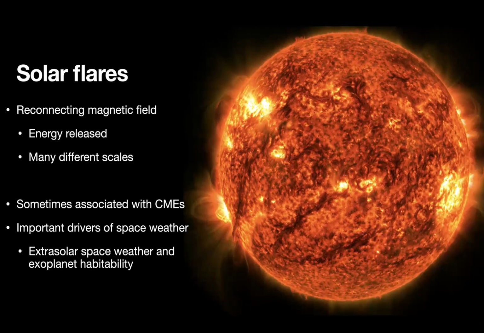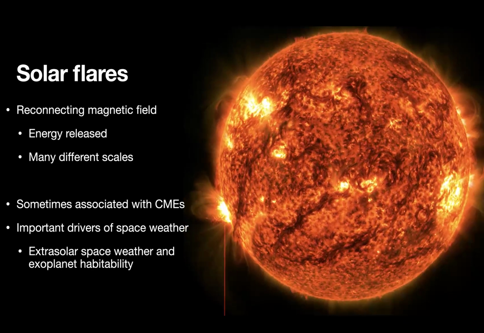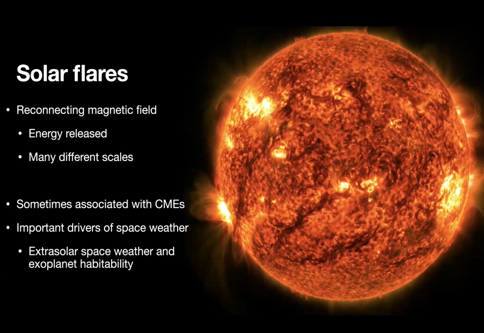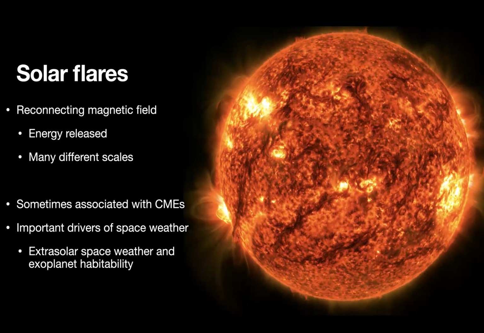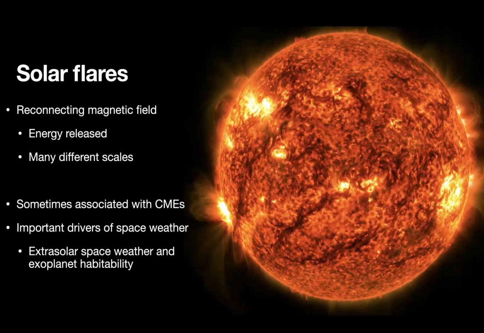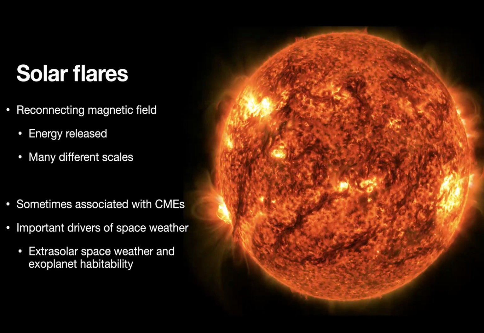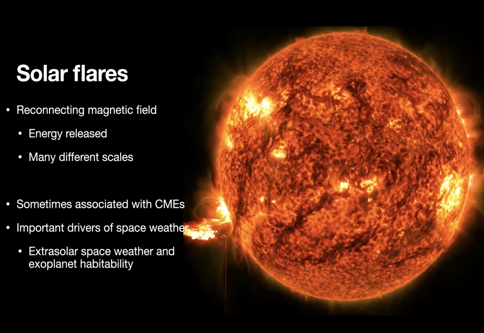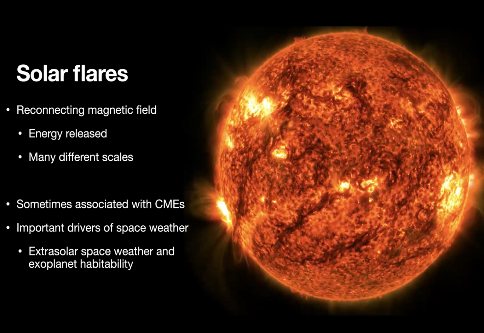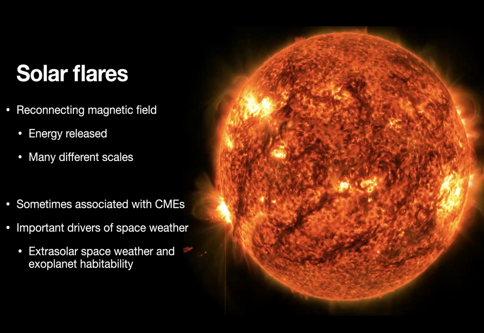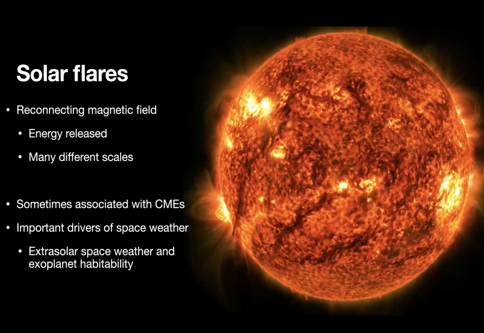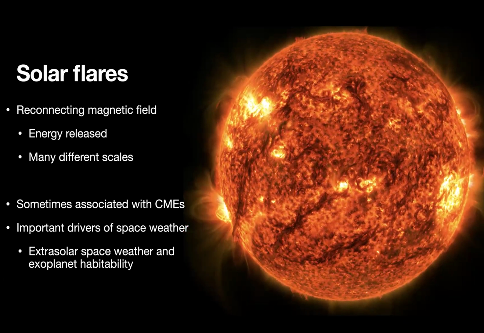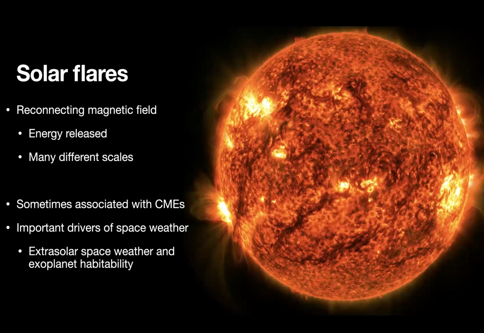As you may know, solar flares are caused by reconnecting magnetic field lines in the sun, where the magnetic field line reconnects to more favorable energetic configurations and therefore releases enormous amounts of energy into the surrounding atmosphere, heating it, which is observed as these brightenings. So here you can see an example of such a flare on the limb.